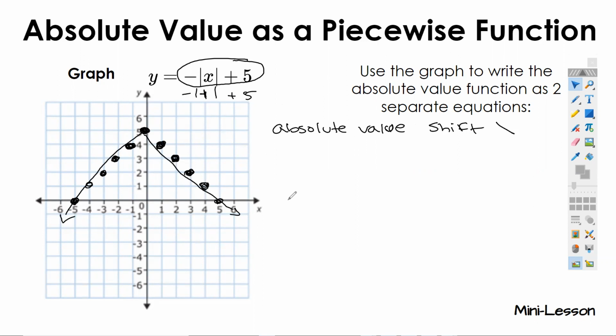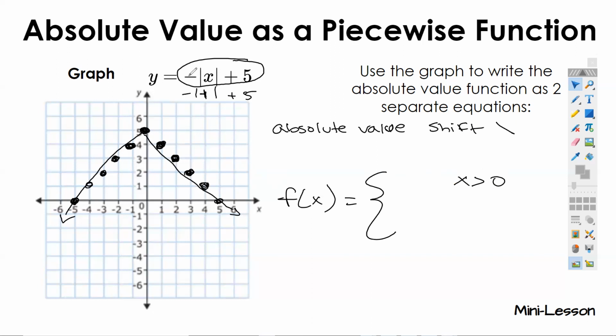So now we're going to write this as a piecewise function. So we're going to say f of x is equal to, we're going to use our little bracket, when x was bigger than 0, because it seems like this is the division line, right? So when x was bigger than 0, how did we get our numbers?